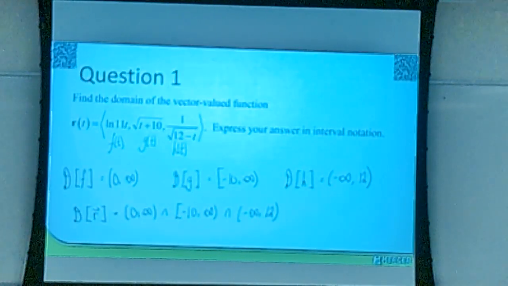The easiest way to look at it is what's the smallest value that all three have in common? In this case, open at 0. What's the largest value all three have in common? Open at 12. There's your interval, 0 to 12. That's the easiest way to look at it for intervals.